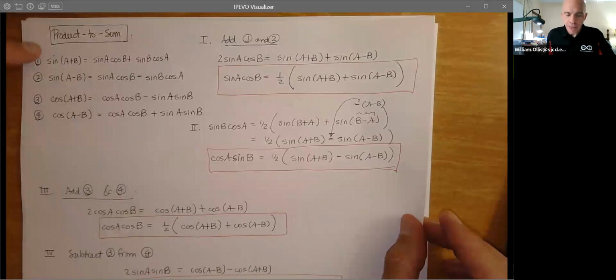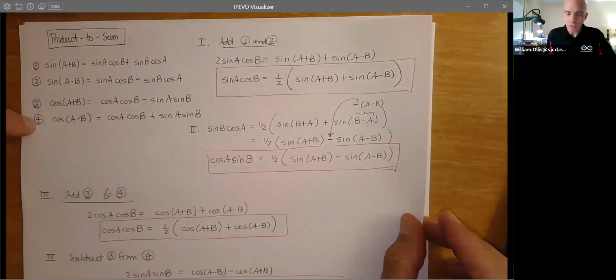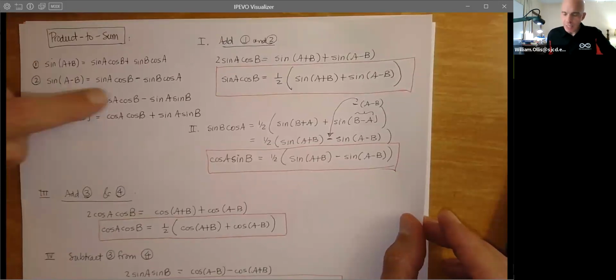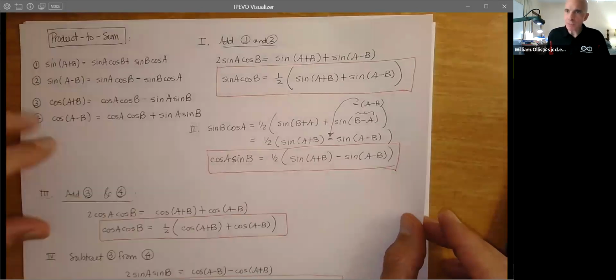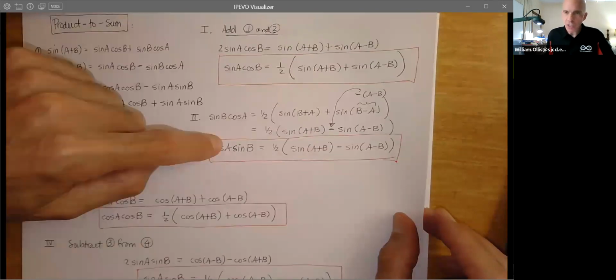But notice, if you know the addition and subtraction, or the sum and the difference formulas, going here, here, here, and here, very simple. So these are really all you need to know, and you could easily derive all of these using these 4.